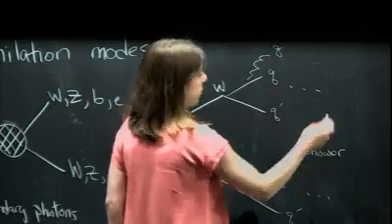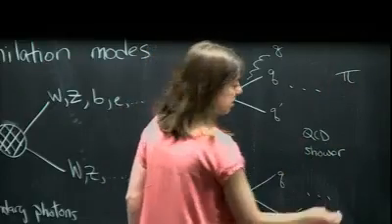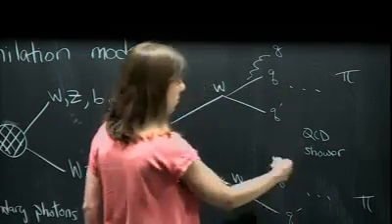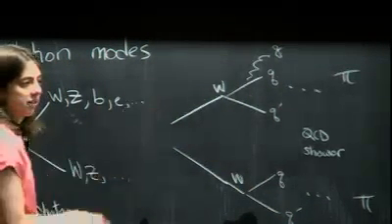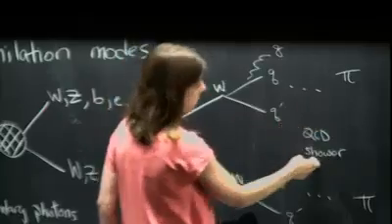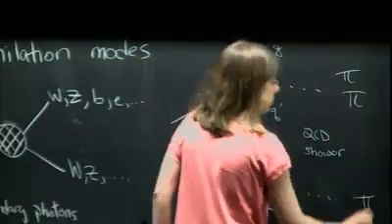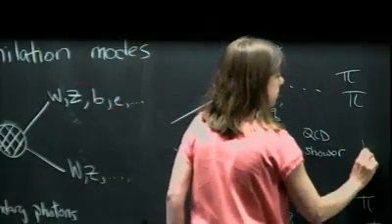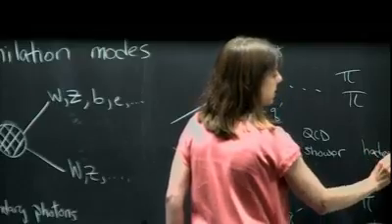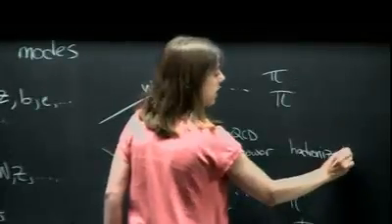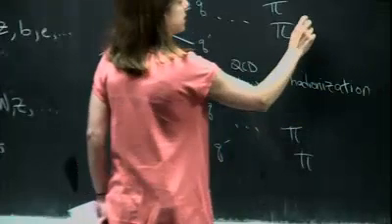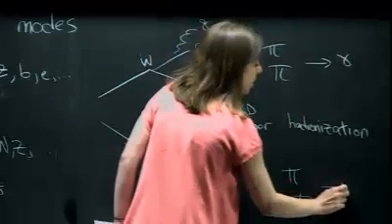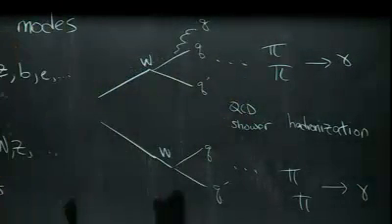And then you end up forming pions, mainly pions, from all of the quarks and gluons that have been produced in the shower. This process is called hadronization, where you end up with these pions, and then the pions decay to photons.